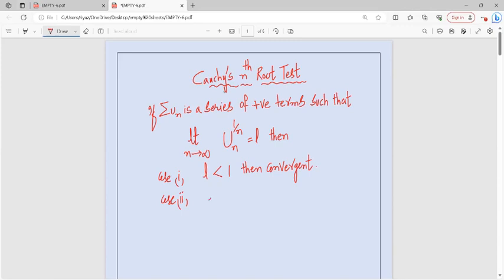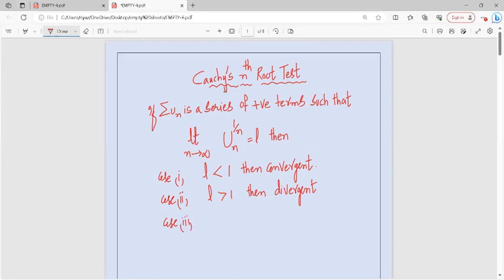Now, second possibility, if L is greater than 1, then we say that it is divergent. Reverse process, remember, okay? Then it is divergent. And similarly, we have a third case also here.